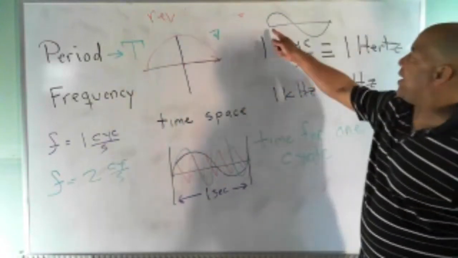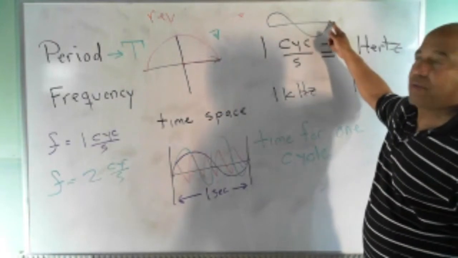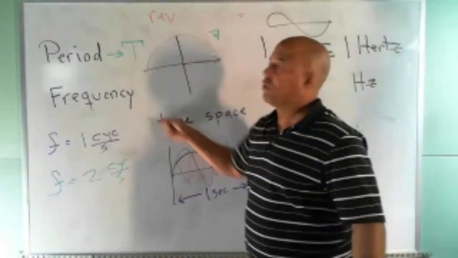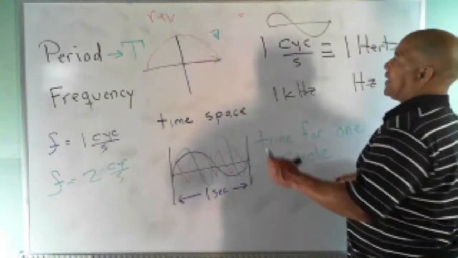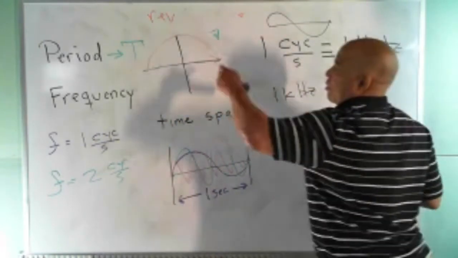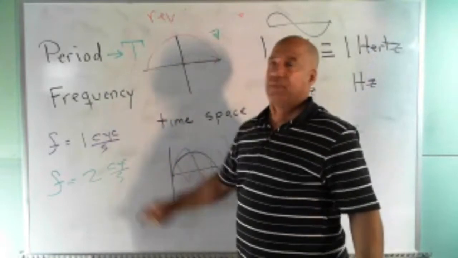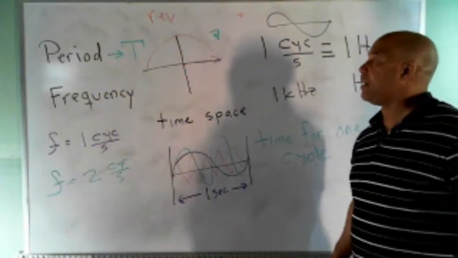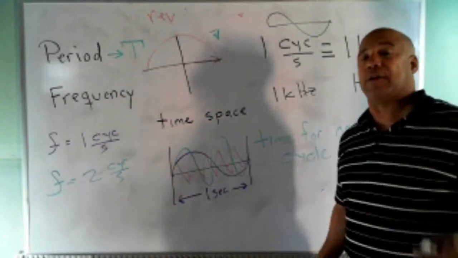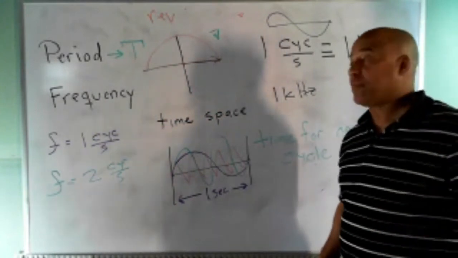So remember, equate one sine wave, one cycle, with one revolution around the circle. And basically, the number of revolutions around the circle is giving us the frequency. So the idea of the frequency, how many cycles per second, and the period, how long it takes for one cycle. And so I might give you something like this.